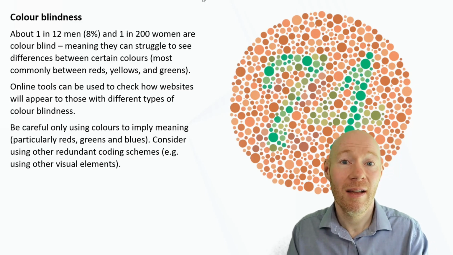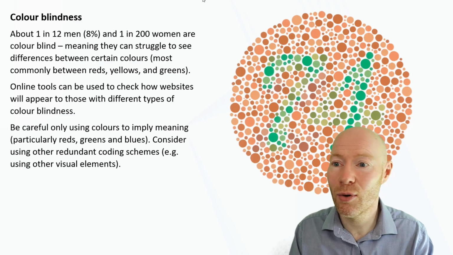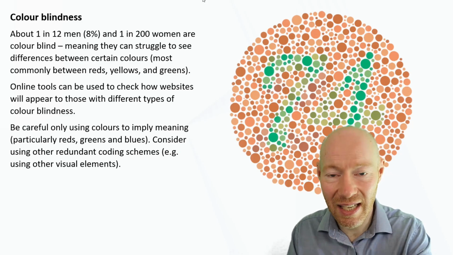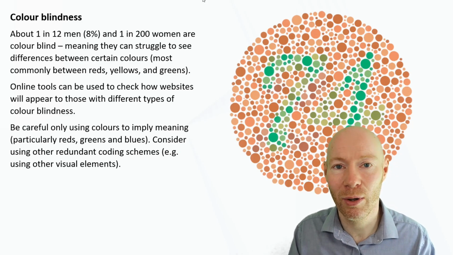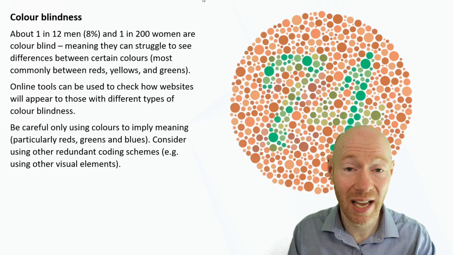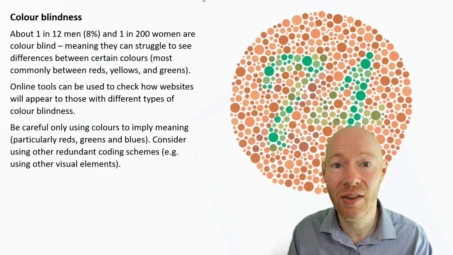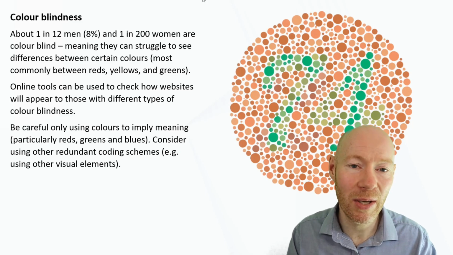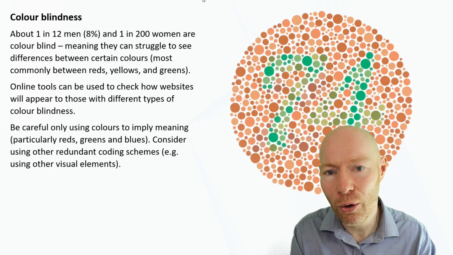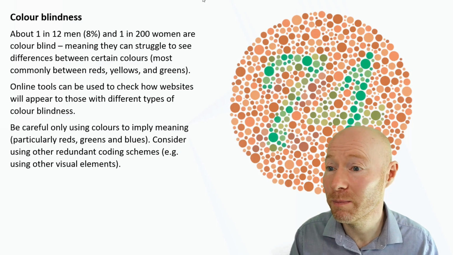So if you're not experiencing color blindness yourself, you can see how your web page or your application would look subject to different types of color blindness, and that will help you identify where you may be using a color scheme that loses information for certain types of people.